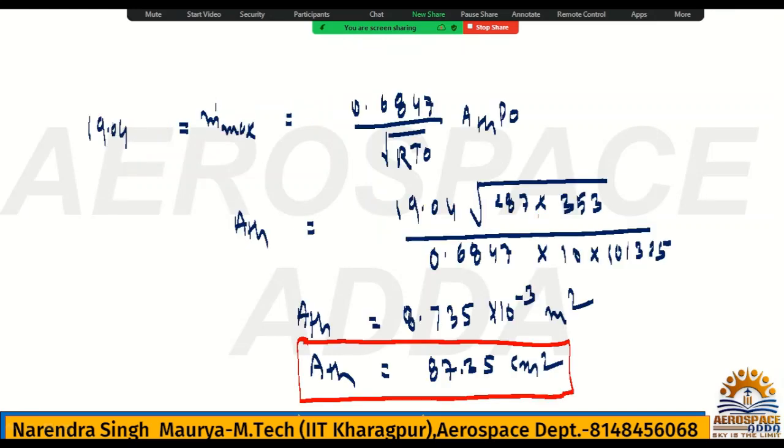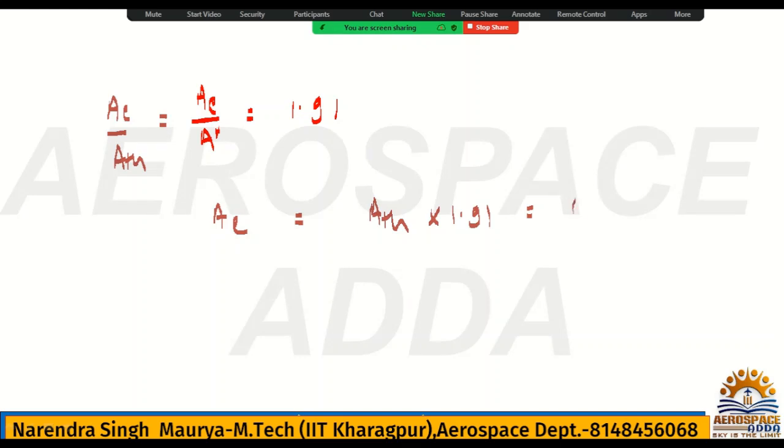That is 87.35 into 1.91, which gives 166.83 centimeter square. Just cross check your answer.